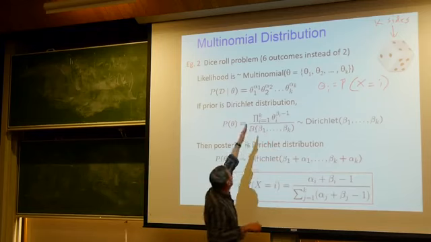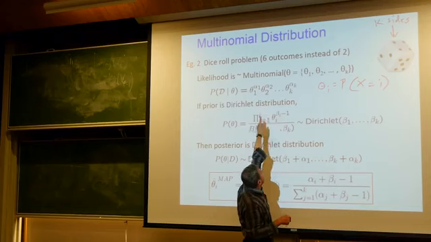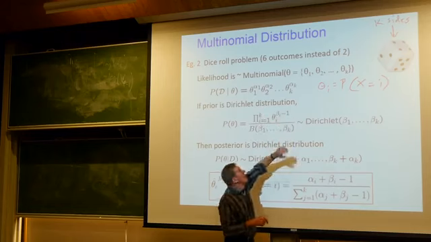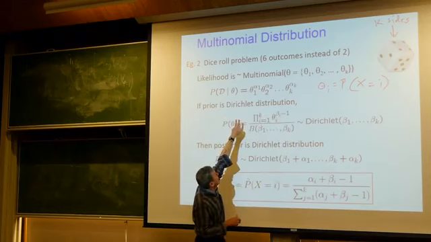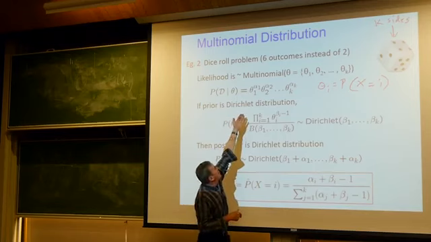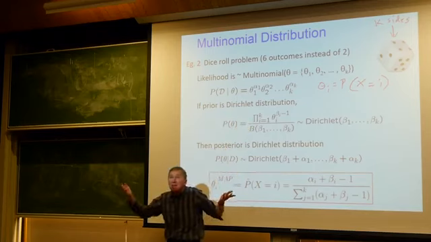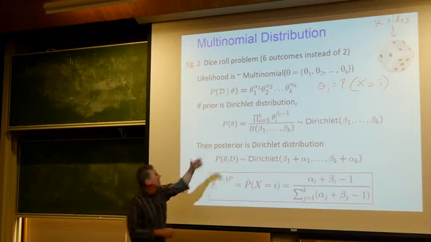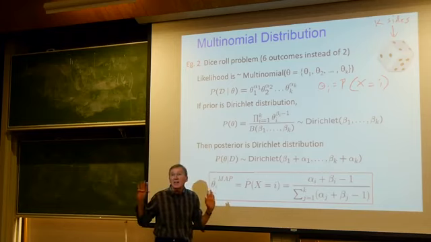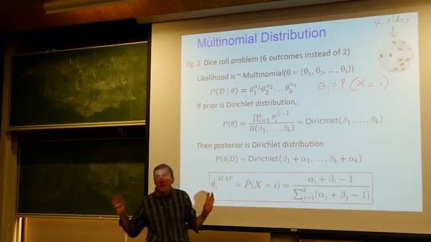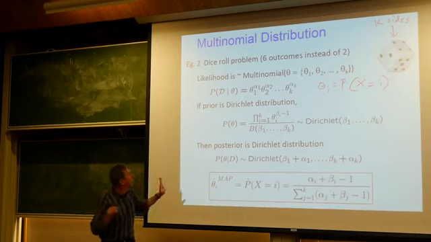But we could continue and say, well, this die has 6 sides, or k sides. Then the probability of the data given theta is just the probability of a 1 raised to the exponent of how many times we observe the 1, and so forth. Exactly analogous to our coin flip.